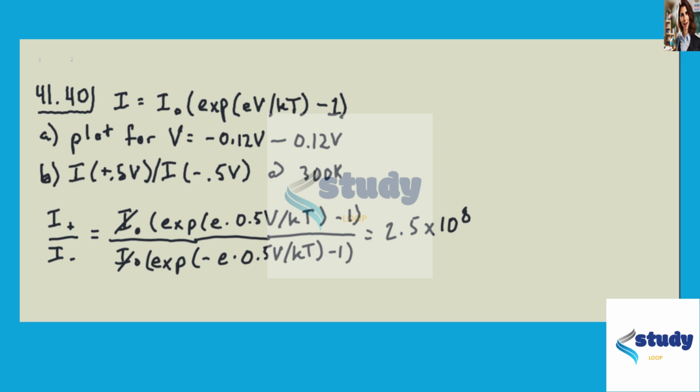So going from half a volt reverse biased to half a volt forward biased is a 250 million fold increase in the current. They really don't like to conduct when they're reverse biased.